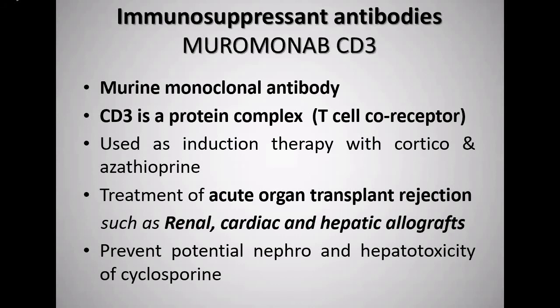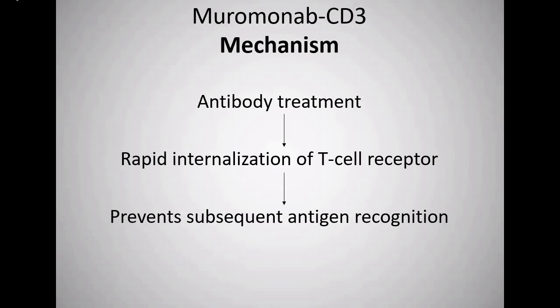So it is a good alternative drug for cyclosporine, and the specific mechanism is on CD3. Also, you can remember with this diagram that it is a monoclonal antibody that basically causes the rapid internalization of the T cell receptor. I told you that CD3 is a co-receptor that's present on the T cells.